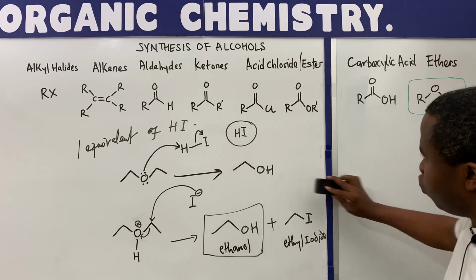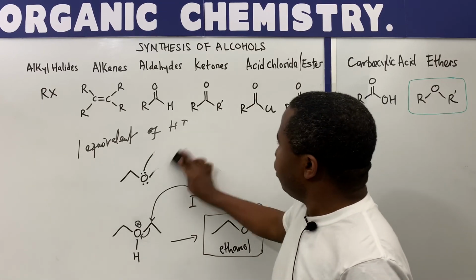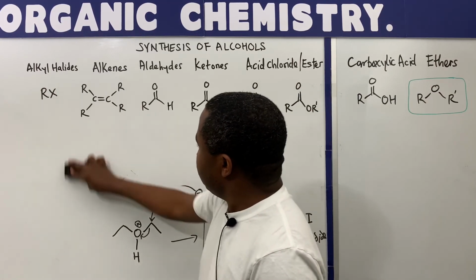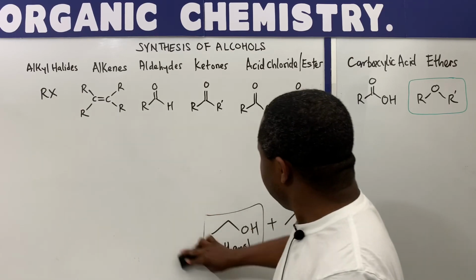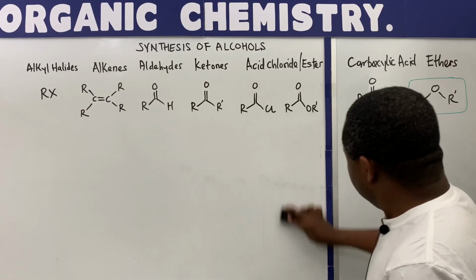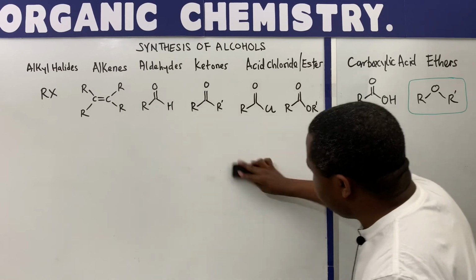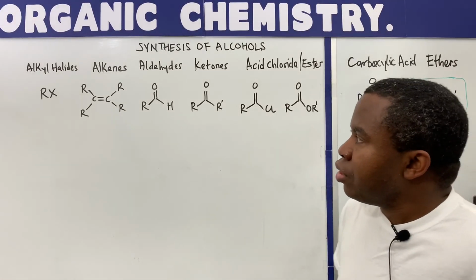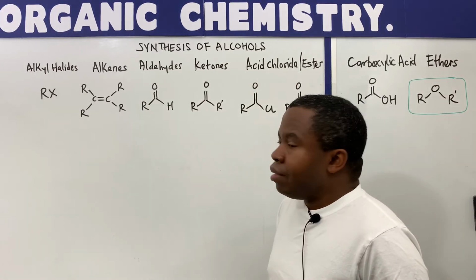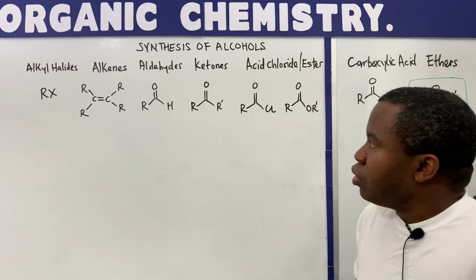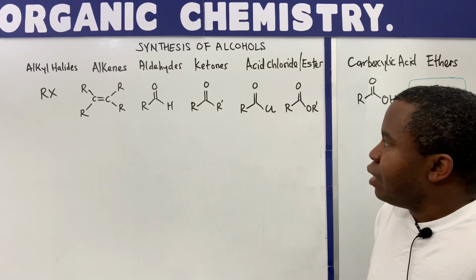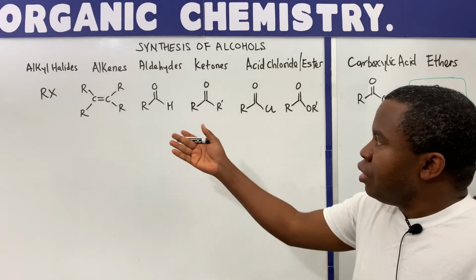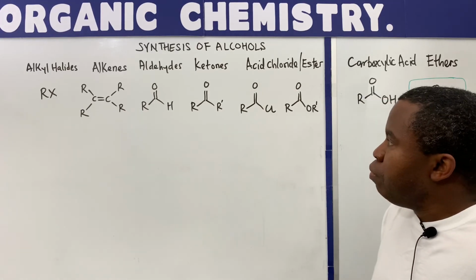To summarize, we have seen how we can synthesize alcohols from different reactions. So we started out by talking about the nucleophilic substitution reaction of the alkyl halides to form alcohol. We also talked about the acid catalyzed hydration across the alkene double bonds to form the alcohols.